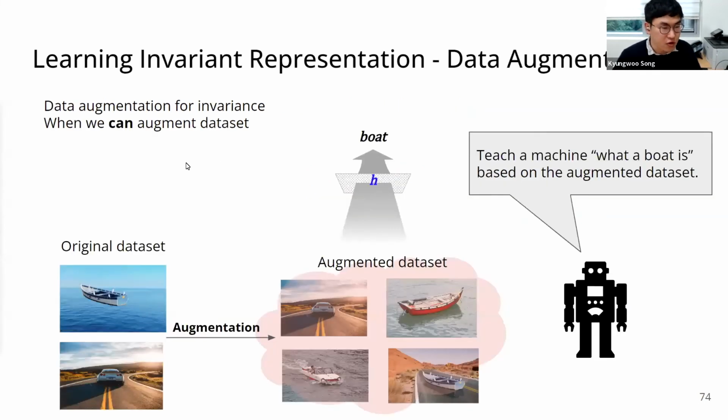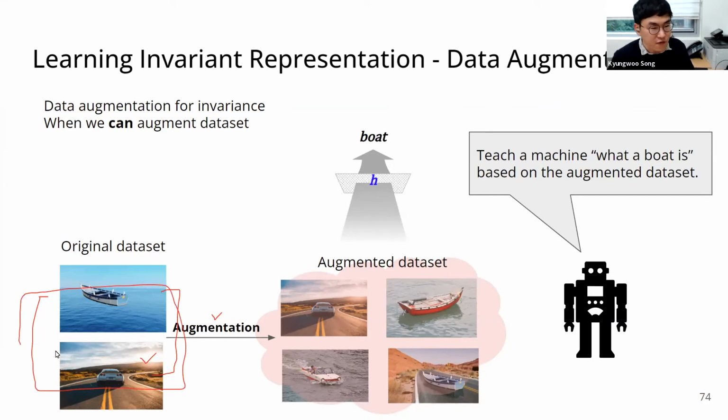To learn the invariant features, the most intuitive approach is general data augmentation. Let's assume that we only have images such as a boat on the water and a car on the road. When we train our machine on the training dataset only, it will cause the problem as before.